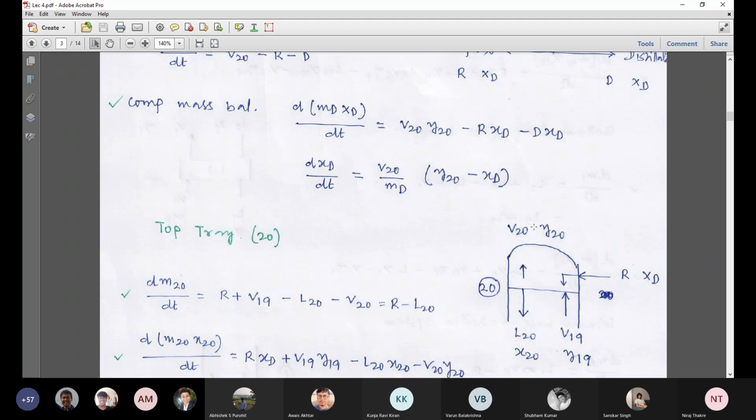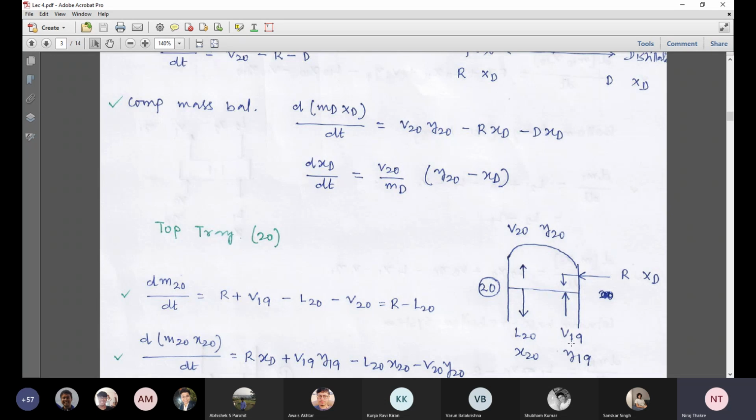And you see here the nomenclature. The suffix indicates the tray the stream left. Like this one, L20, that means liquid stream leaving 20th tray. V20 means vapor stream leaving 20th tray. Here V19, that means vapor stream leaving 19th tray.